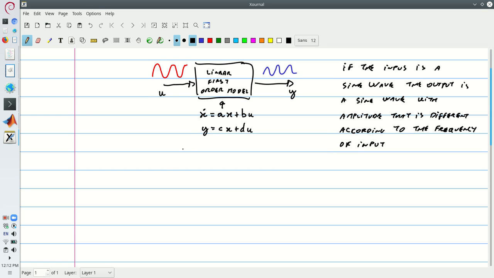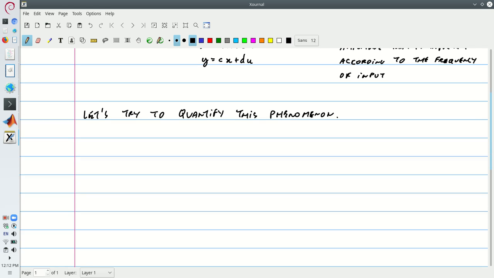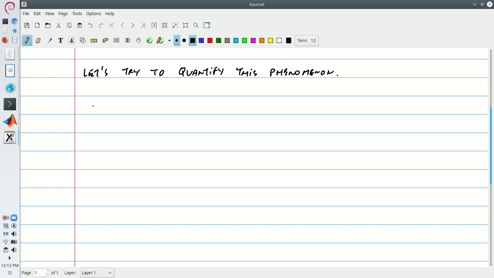So what we are going to do now is let's try to quantify this phenomenon. To quantify this phenomenon, we simply proceed as follows.